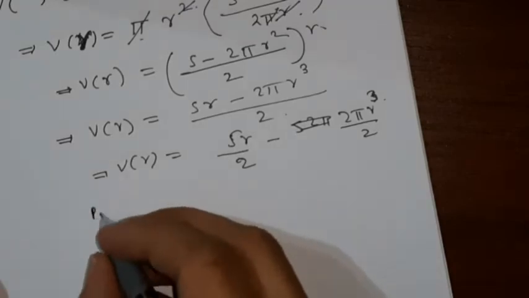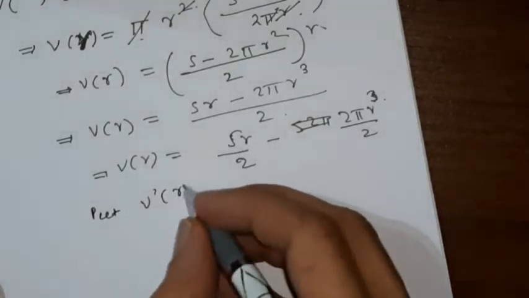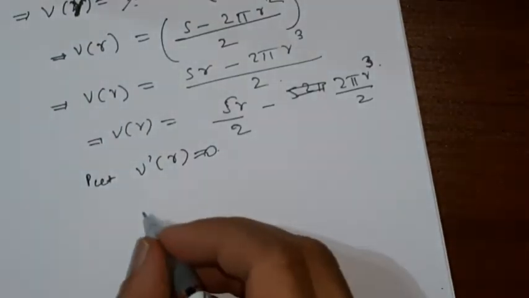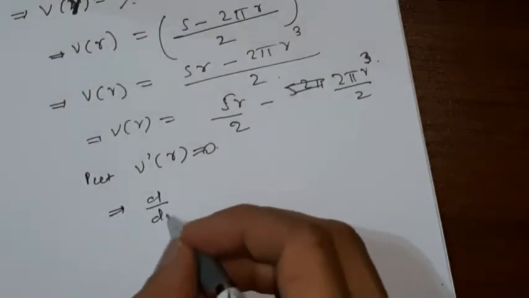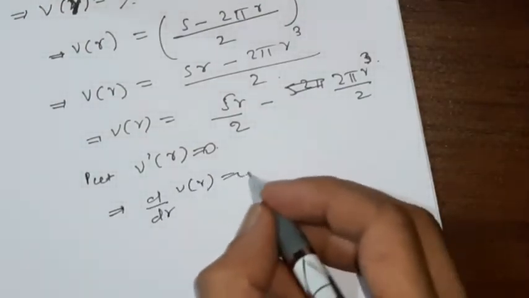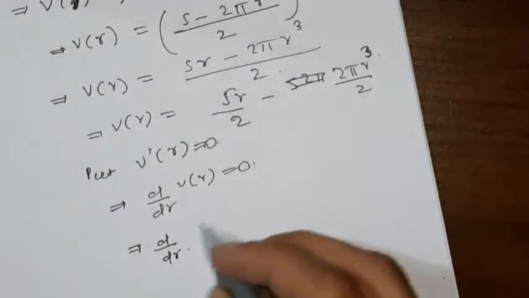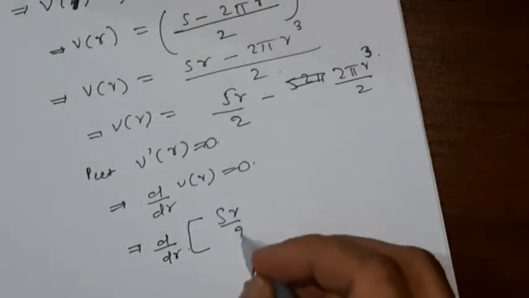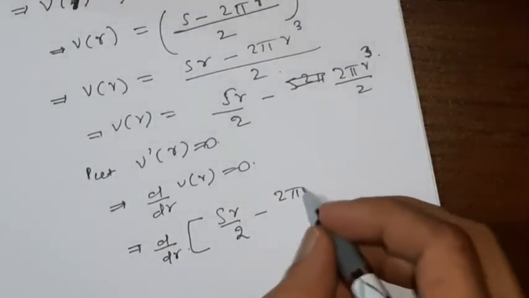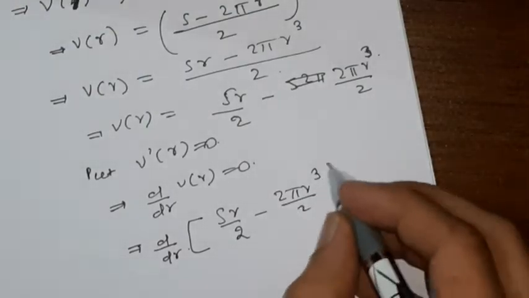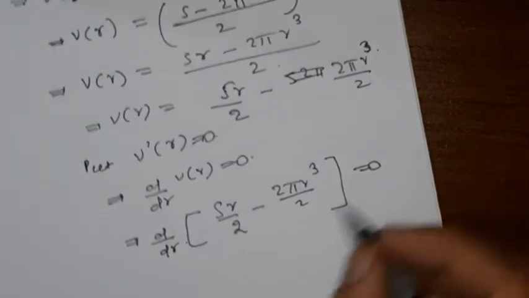Now let us put V prime of r equal to 0. That means the derivative of V of r is equal to 0. That means the derivative of this function, s r divided by 2 minus 2 pi r cube divided by 2, equal to 0.